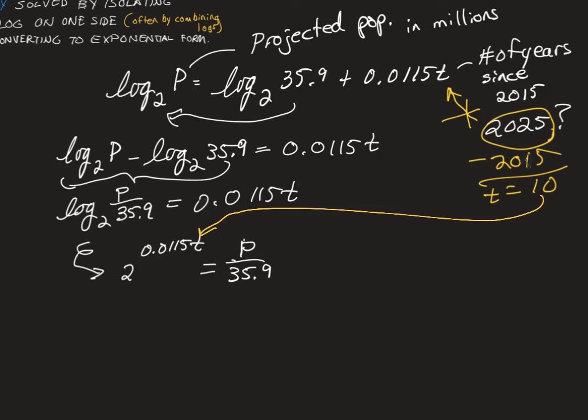And that will go back in here. So now we actually have the following equation. We have 2 raised to the 0.115 equals p over 35.9. Now to find out what p is, all we have to do is multiply both sides by 35.9.